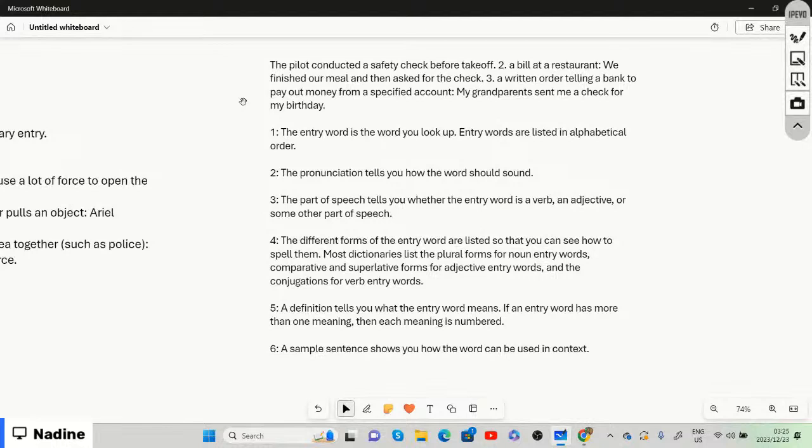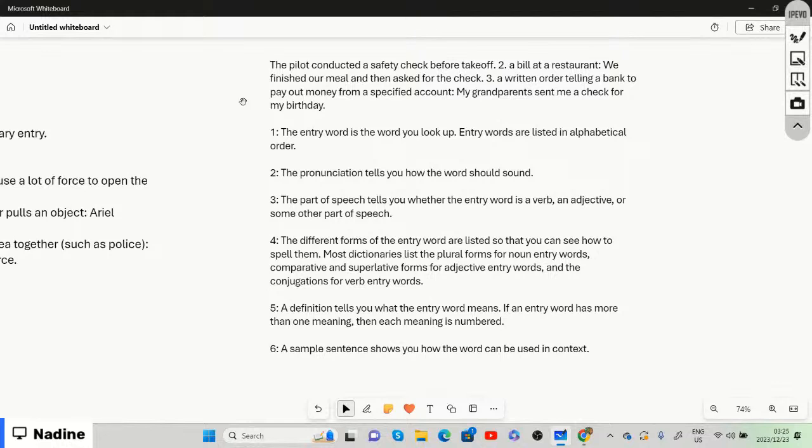All right, so far we see that once you look up a word within the dictionary, we call that your entry word, right? After your entry word, you will have a word that will tell you how it should sound, which is called the pronunciation. Then they'll show you the part of speech to show whether it is a noun, verb, adjective, and so on.